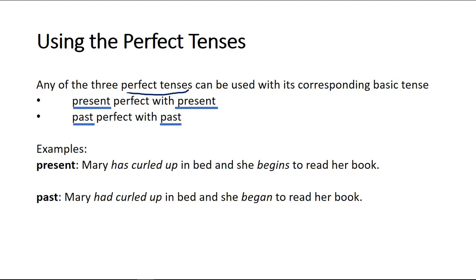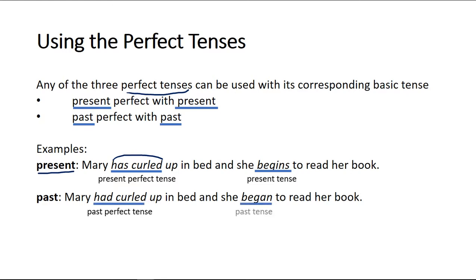Mary has curled up in bed and she begins to read her book. Now this is present, so we've got she has curled up in bed and she begins to read her book. Now you might think, well, that sounds like it's happening in the past, but when we compare it to the actual past tense form, Mary had curled up in bed compared to Mary has curled up in bed, you can recognize that the first sentence here, Mary has curled up in bed, should go with a present tense verb.